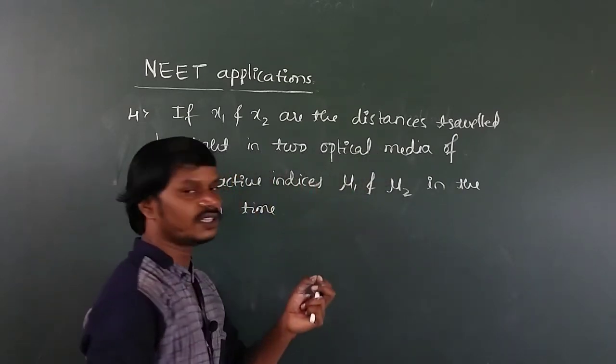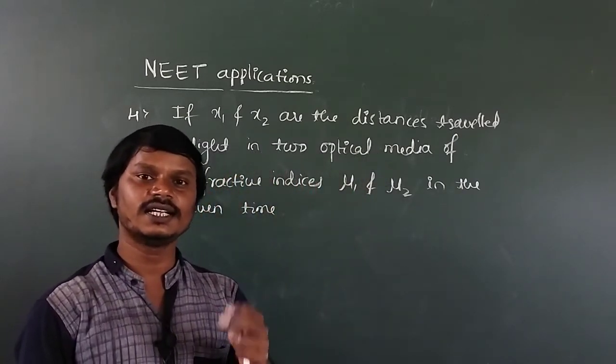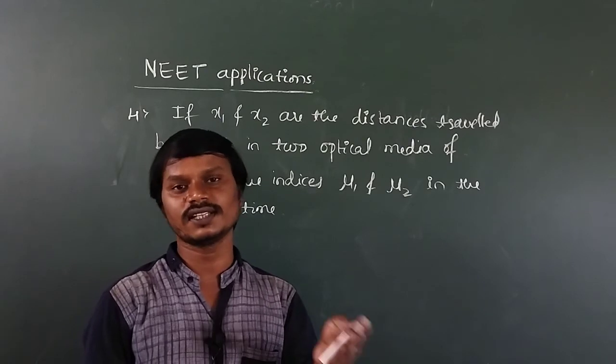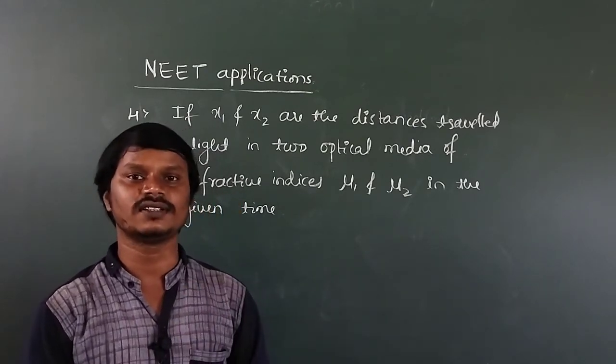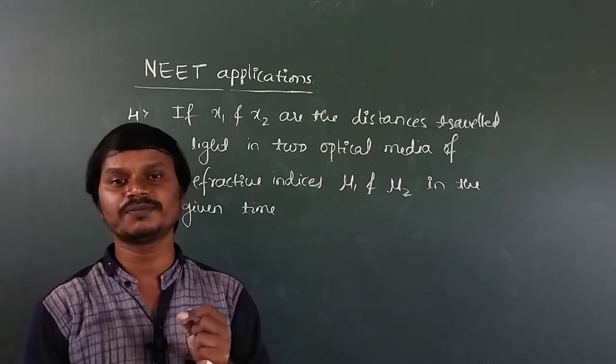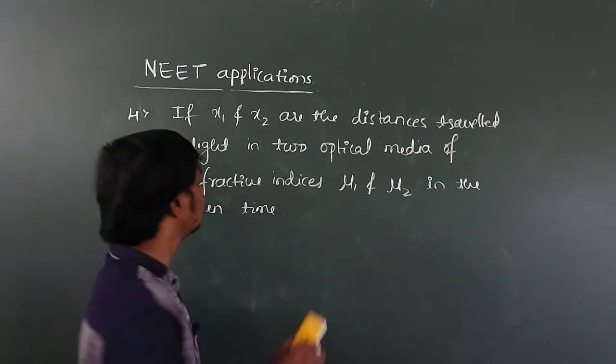So in the time t1 the distance traveled is x, in the time t2 again the distance traveled is x, which means the distance traveled is the same but the times taken are different. Then how to find the relation between refractive index and time?